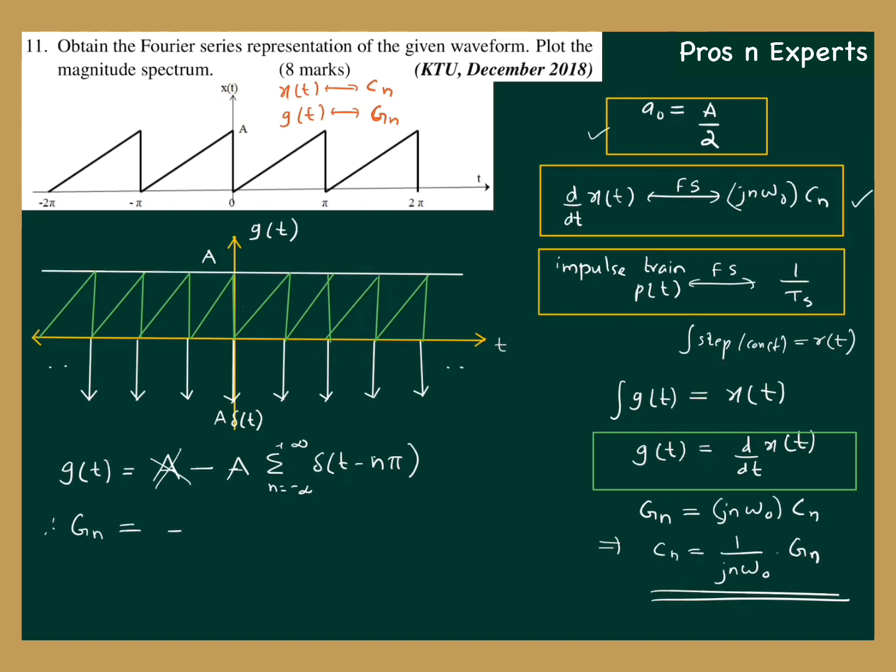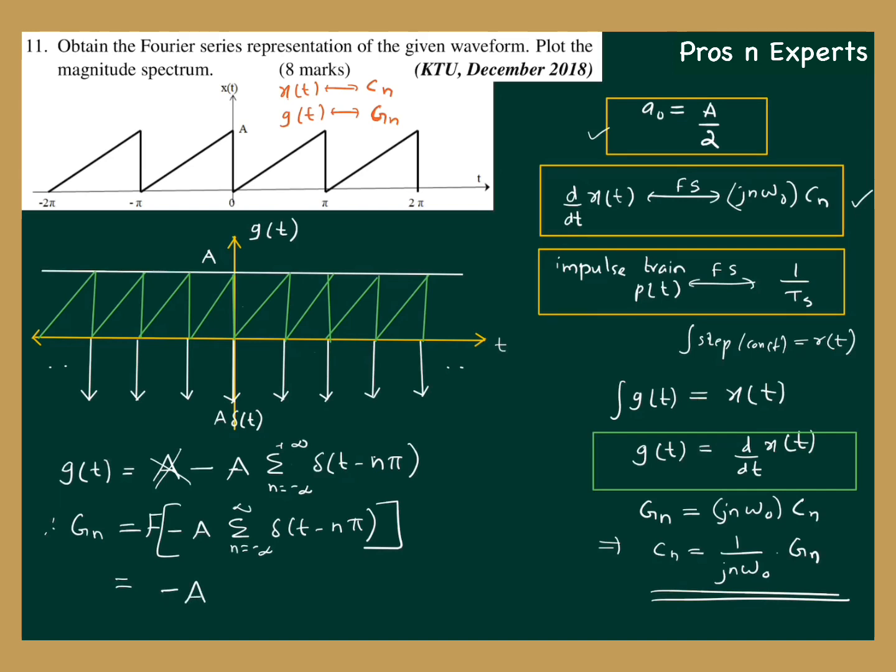Okay, so Gn is equal to minus A into sigma n equal to minus infinity to infinity of delta of t minus n pi. So Gn is equal to the Fourier series of this thing. What is the Fourier series of this thing? Minus A is a constant.